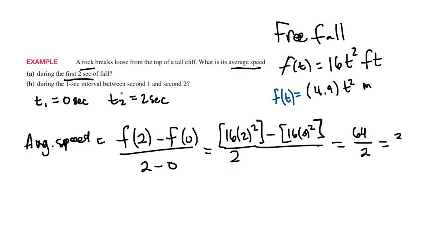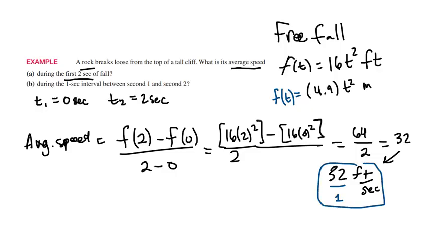This simplifies to 32, and the units were feet per second. There's an invisible 1 on the bottom, because we divided 64 by 2, so it's 32 divided by 1. So it's 32 feet for every 1 second. That is the average speed of our rock falling.